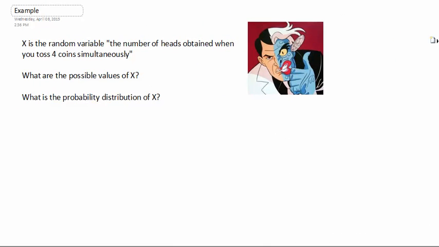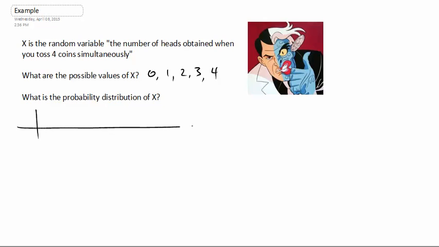So, an example. X is the random variable, being the number of heads obtained when you toss 4 coins simultaneously. Okay, what are the possible values of X? Well, we could get 0, 1, 2, 3, or 4 heads. Those are the values that X could take on.